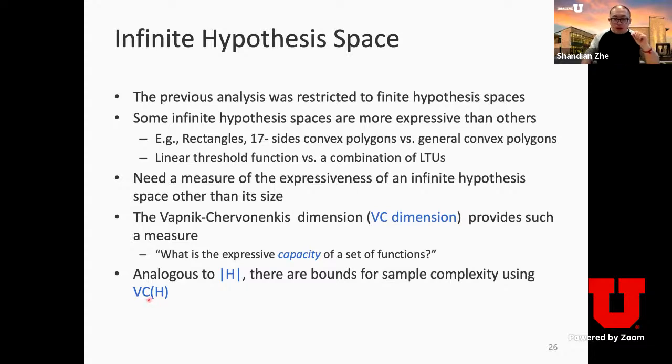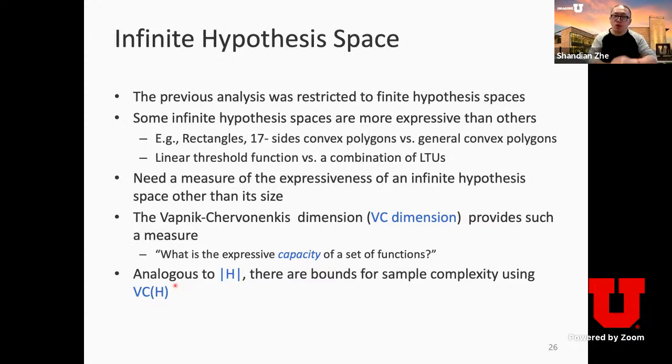It is the counterpart to the size of the hypothesis space in the infinite case. In an infinite case, VC dimension still gives us, in most cases, a finite number that we can plug into our sample complexity bound.